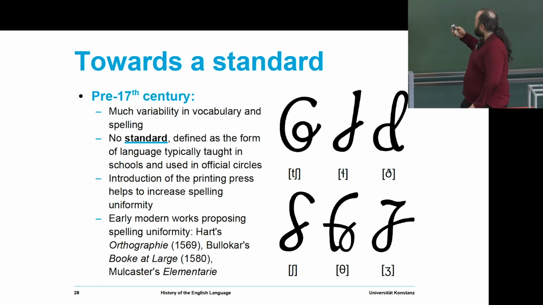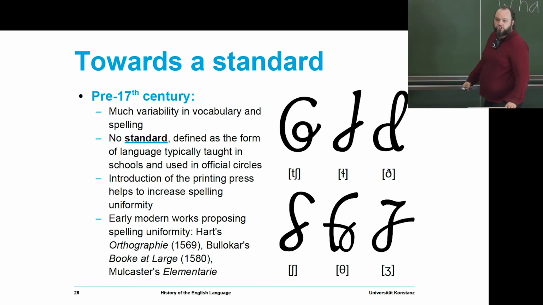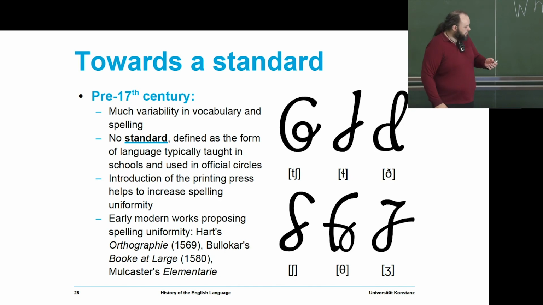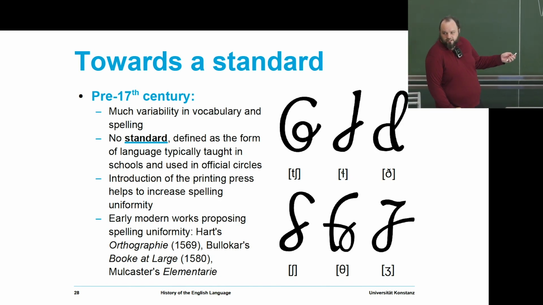If John Hart had had his way, if he'd been successful, then we would see these letters being used in the modern language. So for the sound ch, for instance, we would have this beautiful curly thing. And for the sound zh, we would have this thing, which looks a bit like a unicycle.